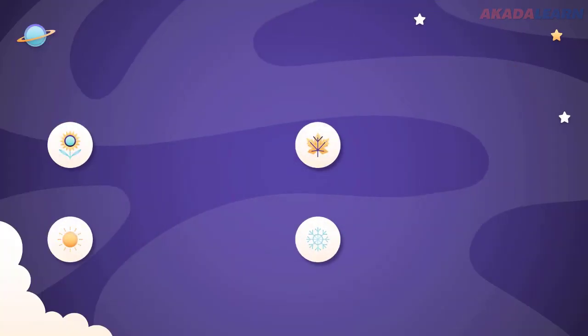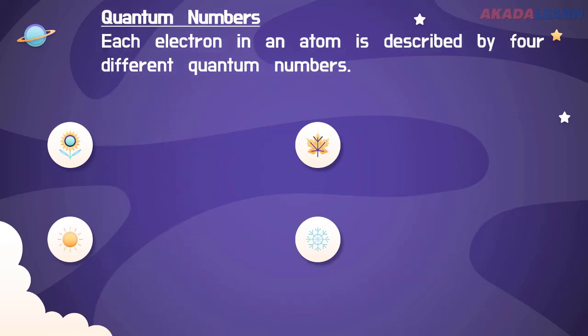Let's now take a look at the quantum numbers. Each electron in an atom is described by 4 different quantum numbers. The first one is the principal quantum number, which is usually represented by small letter n.